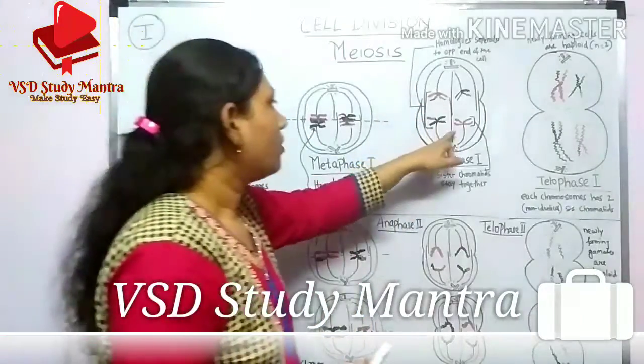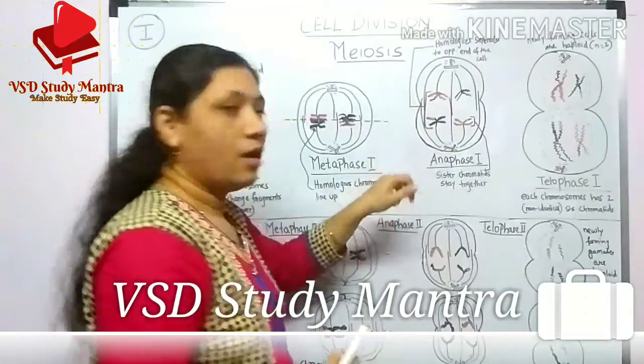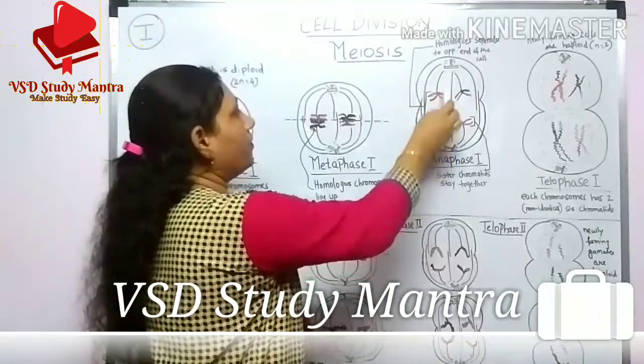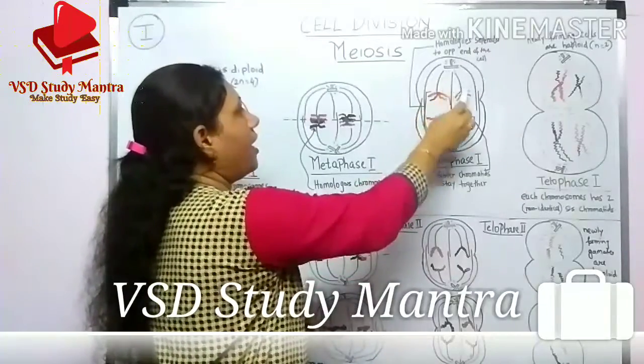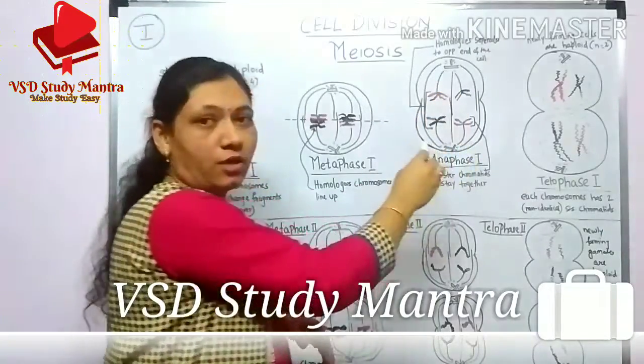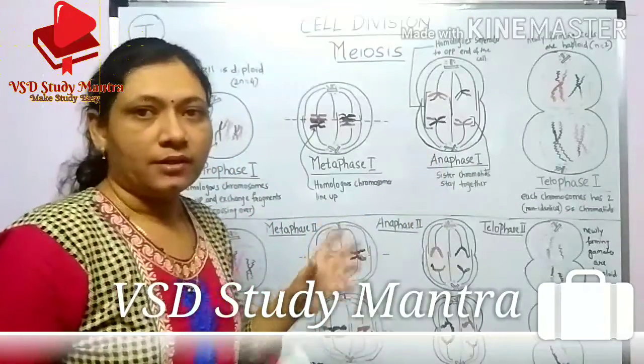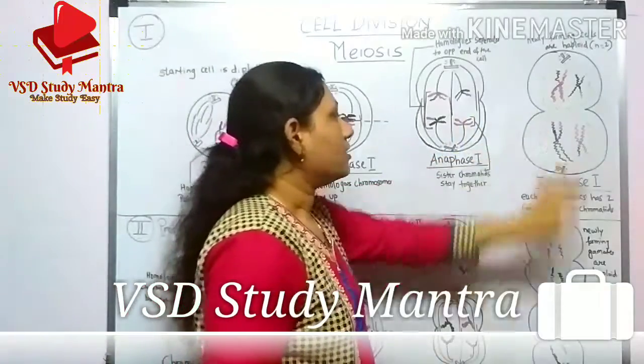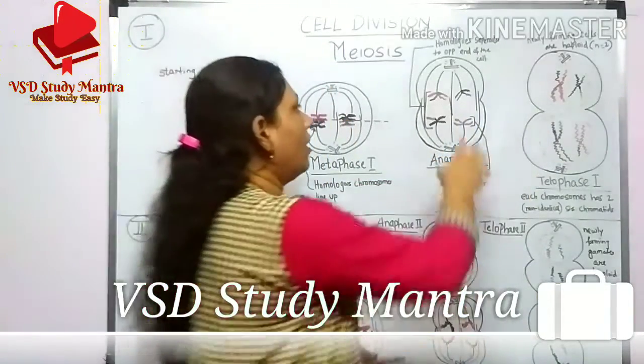You can see they are together, and the centromeres are attached to the spindle fibers. They get pulled.